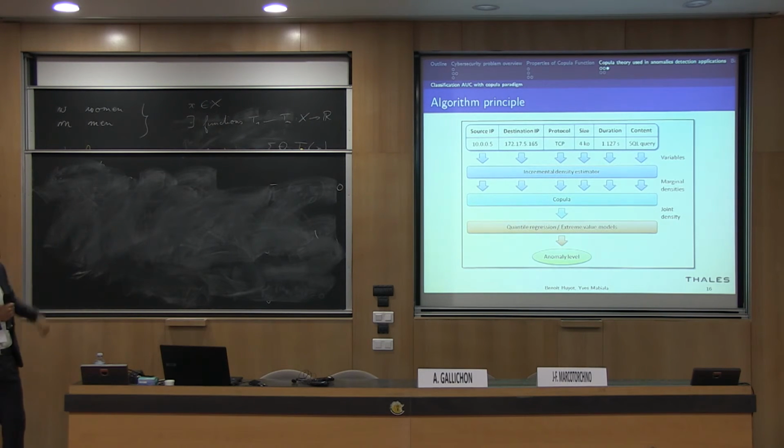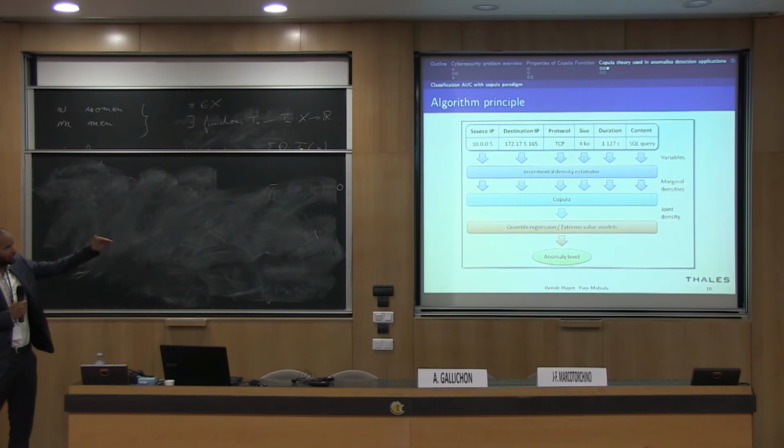First, incremental density estimation, where we get all the marginal densities, and then the copula, as Benoit described, is a function which takes all these marginal densities as input and calculates the joint density. Actually, there are many copula families.